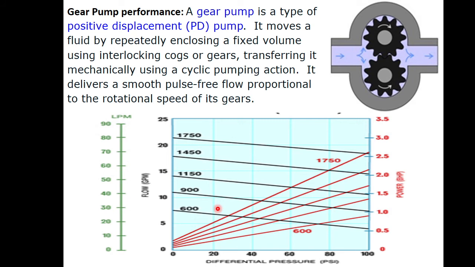Ideally, theoretically, all these lines should be parallel to the pressure axis or the static head axis. But in the actual case, there is some leakage, so these are drooping in nature. This is what you did in your fluid machinery course, right? Ideally, this should remain constant, because flow rate is only a function of the rotational speed.